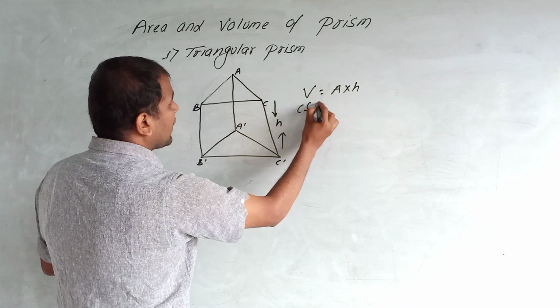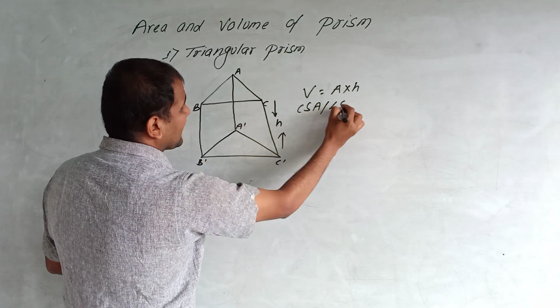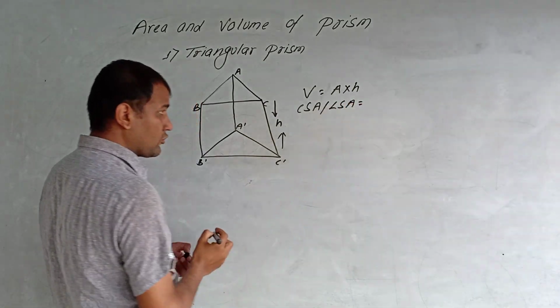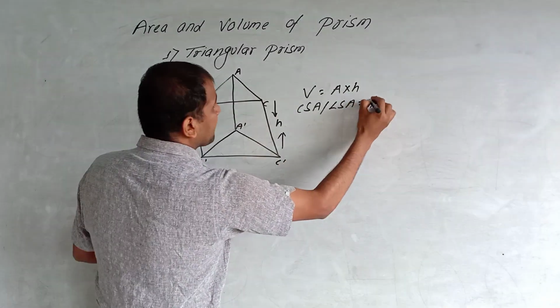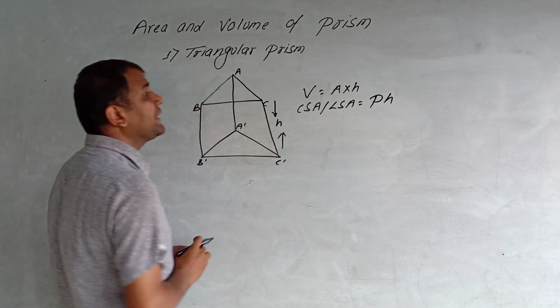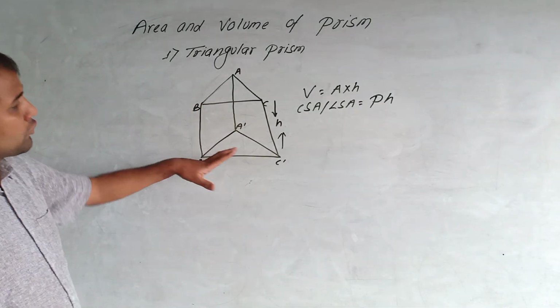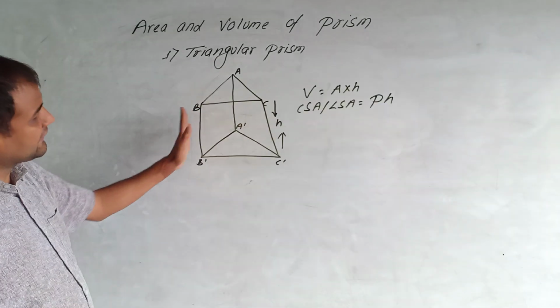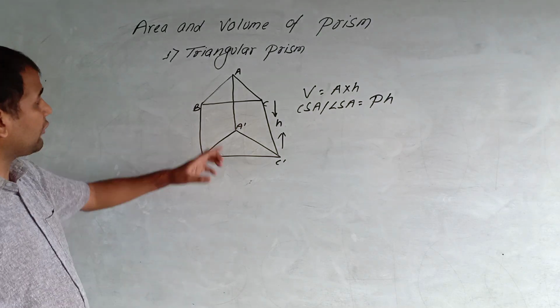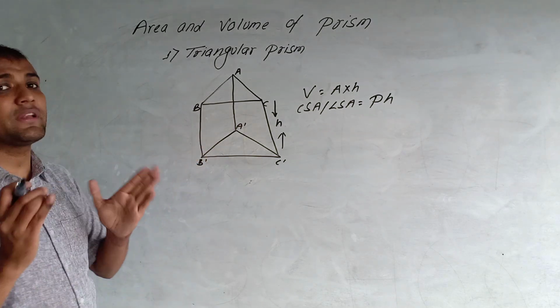C as curved surface area or L as lateral surface area is equal to P, perimeter, into height, PS. To find this for a triangular prism, first we should find the perimeter of the base.